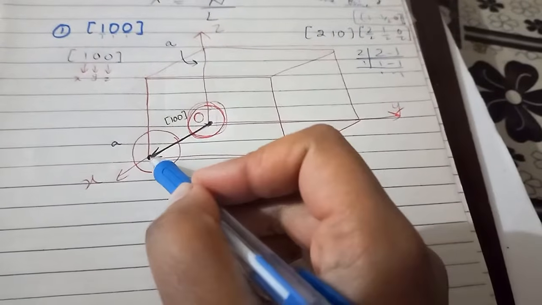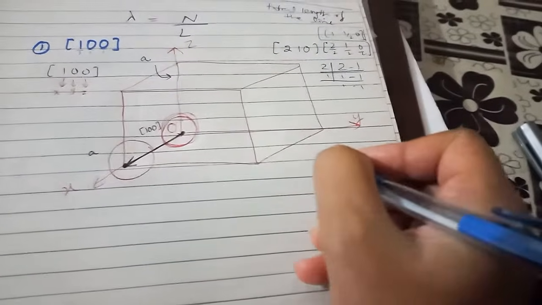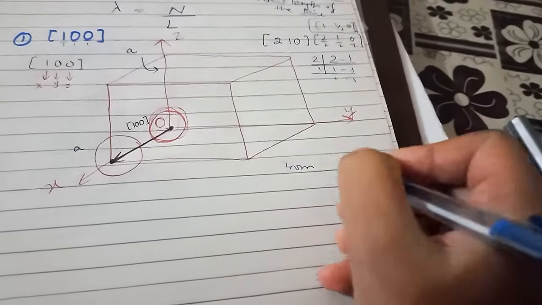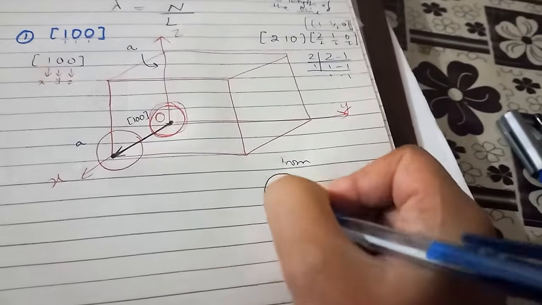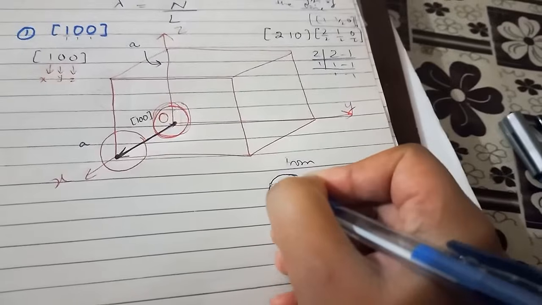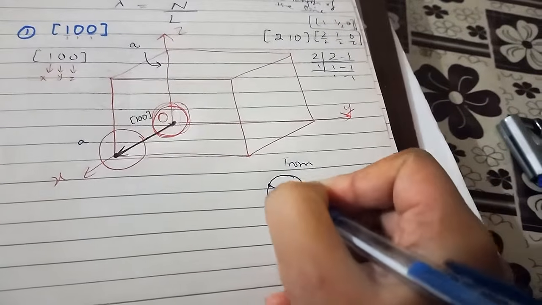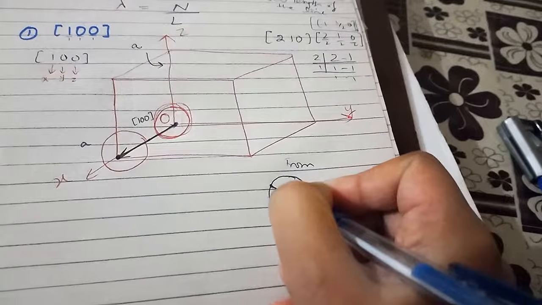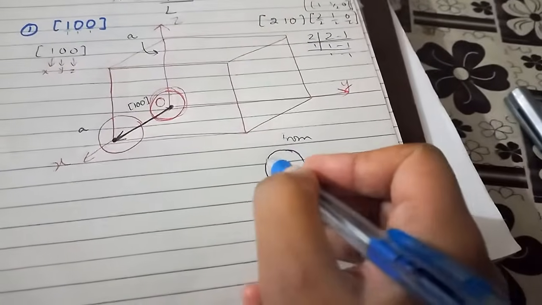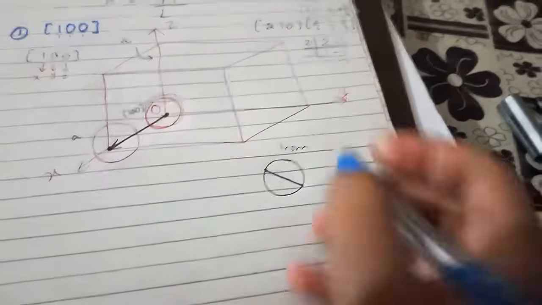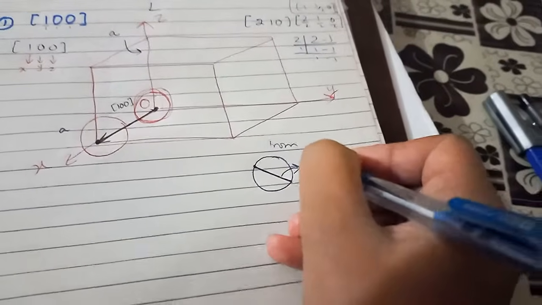What part of the atom is contributing to the line is determined from the fact that if the line is passing through the whole diameter of the atom, then we consider its contribution to the line as 1.